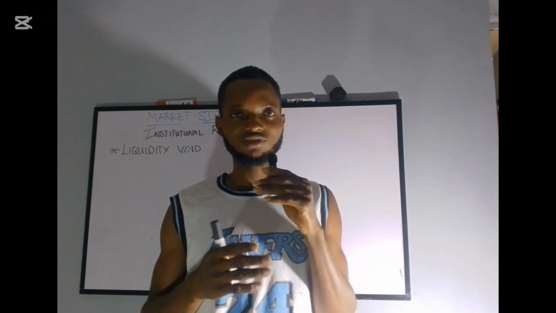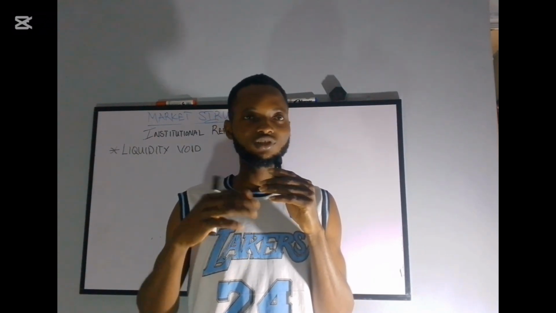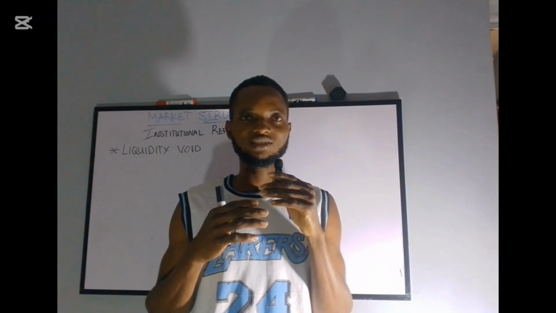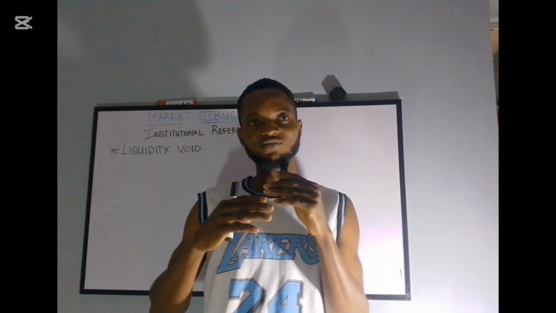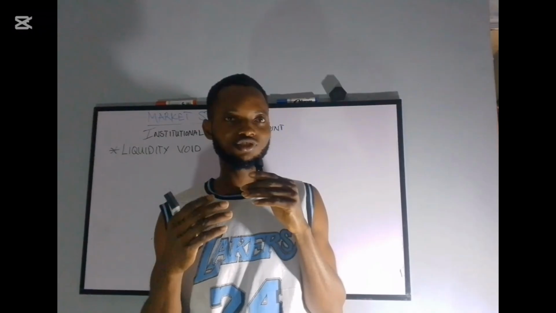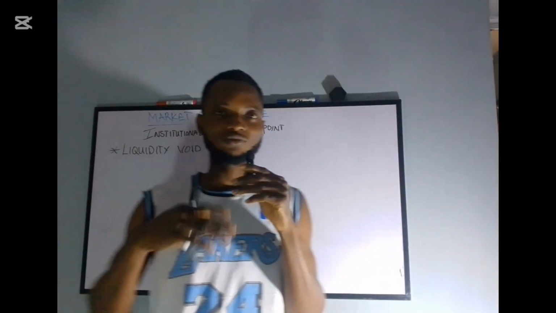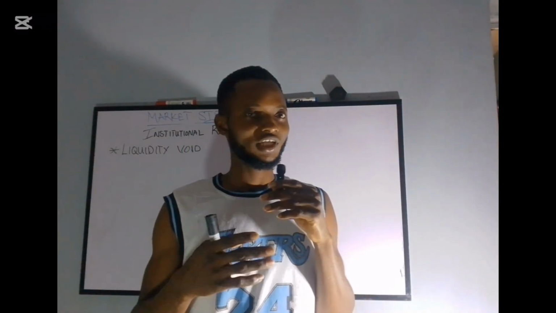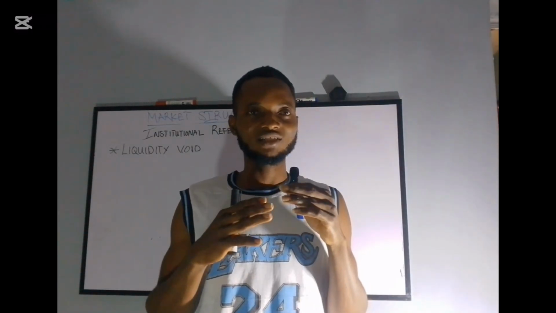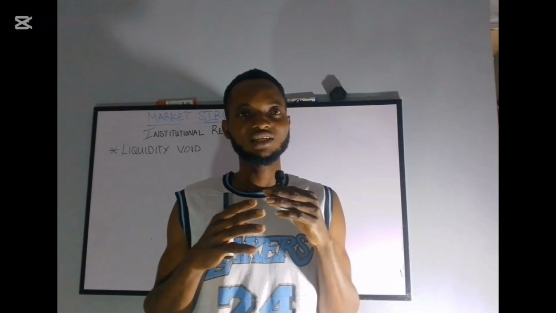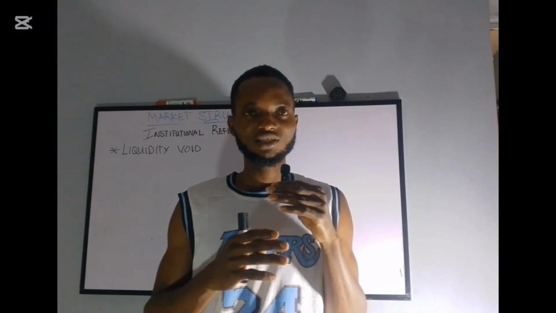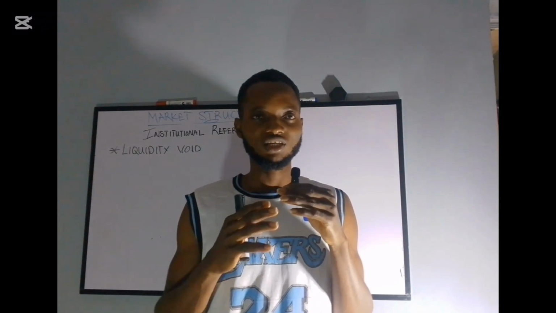This is actually caused either when one side of the market is very strong, either bullish or bearish, or when price has been consolidating for some time, and then price decides that it's going to move in a direction, breaks out and moves rapidly in that direction. That is when a liquidity void is created on the chart.